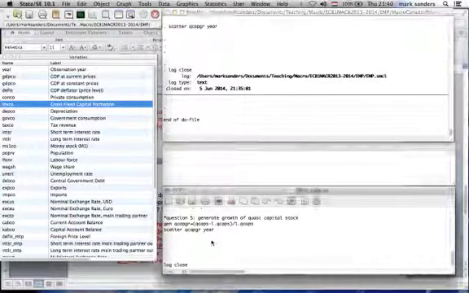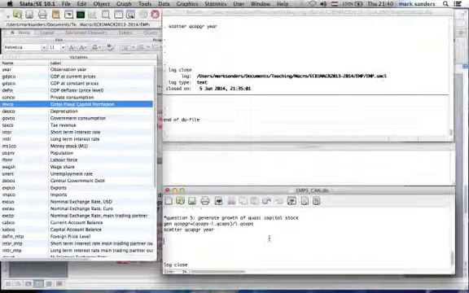So what we need to do is, for question 6, estimate the depreciation rate. What we need to do is regress.